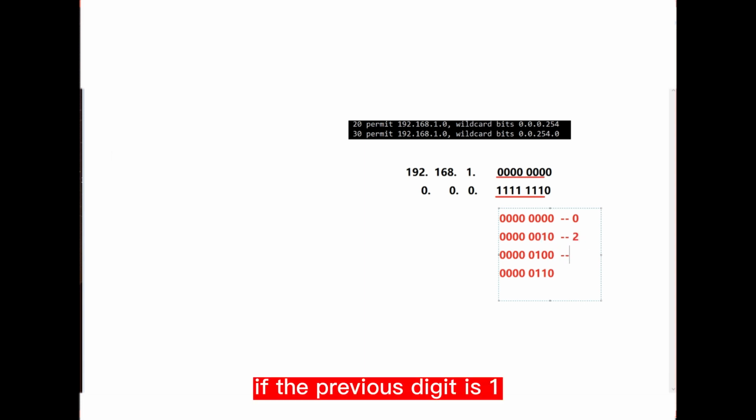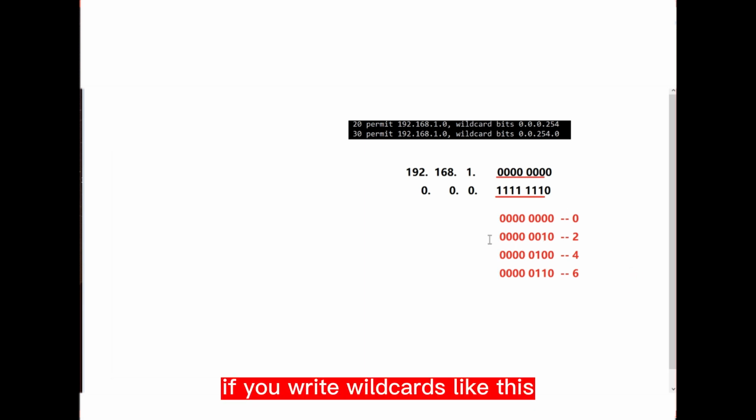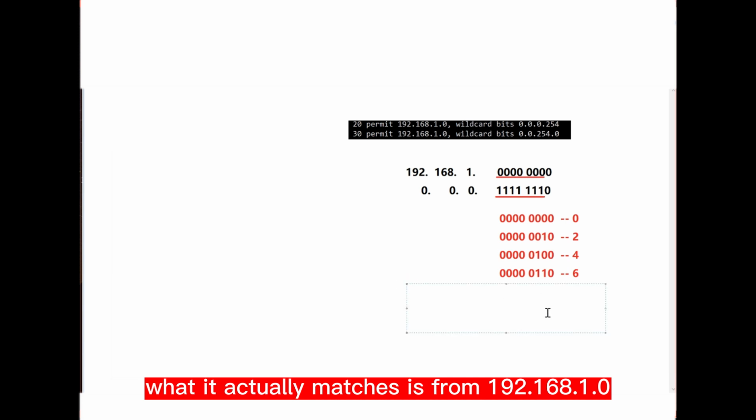At the beginning this bit can be 0, which represents 0. If it is 1, it represents 2. If the previous digit is 1, it represents 4. If these 2 bits are 1, it represents 6.